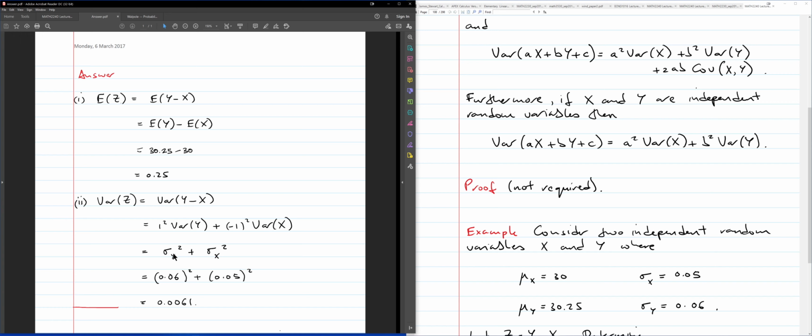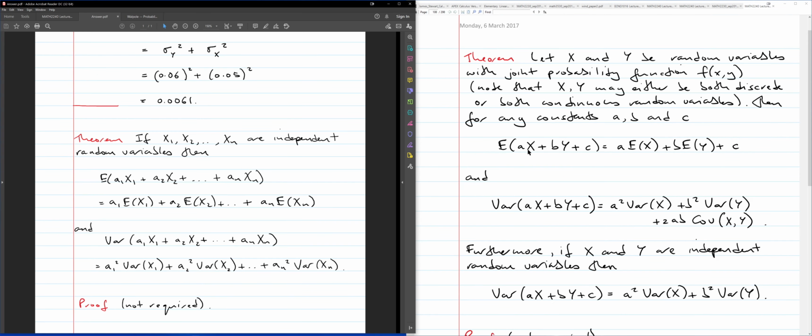Therefore the variance of y is this 0.06 squared, and the variance of x you get by squaring the standard deviation for x, so 0.05 squared. Then you just evaluate this, and this gives me my variance of z over here, 0.0061.